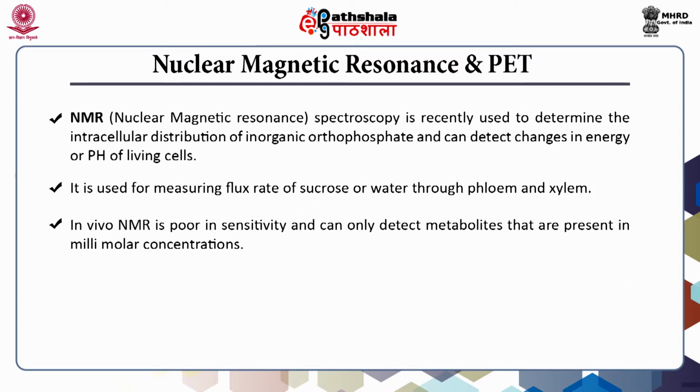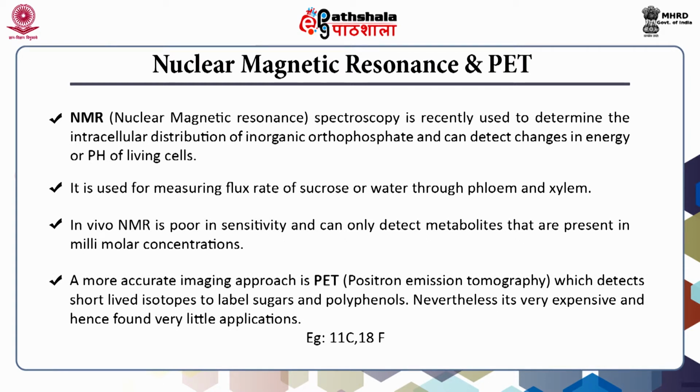In vivo NMR is poor in sensitivity and can only detect metabolites that are present in millimolar concentrations. A more accurate imaging approach is PET, positron emission tomography, which detects short-lived isotopes like carbon-11 to label sugars and polyphenols. Nevertheless, it is very expensive and hence finds very little application.